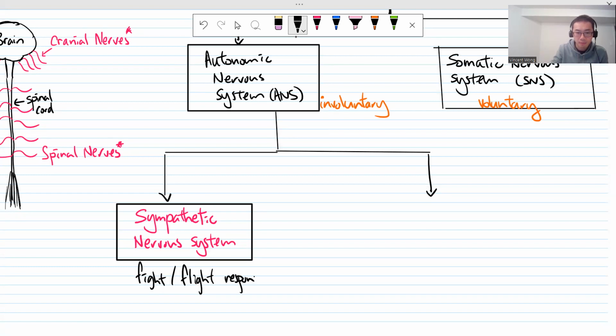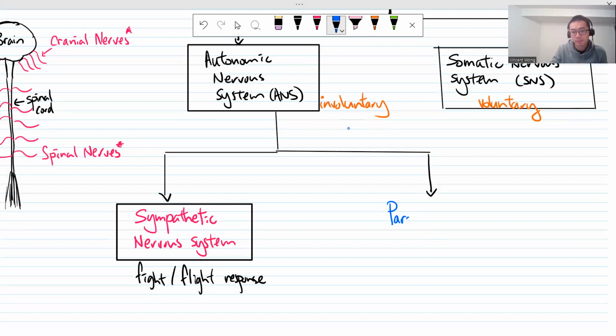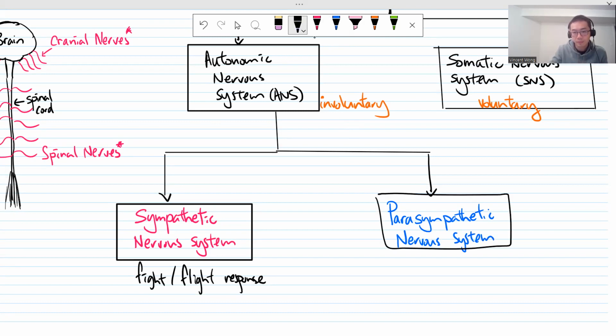And then we have the opposite, which is the parasympathetic nervous system. And this is more like a rest and relax state.